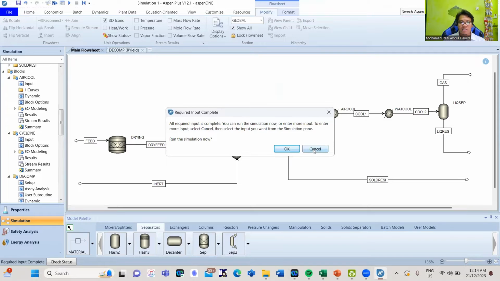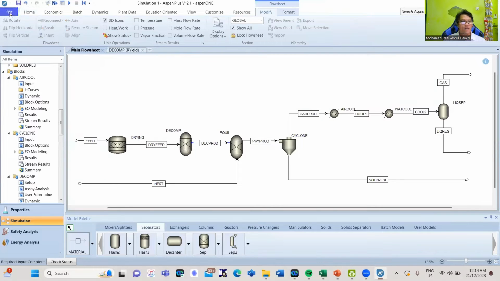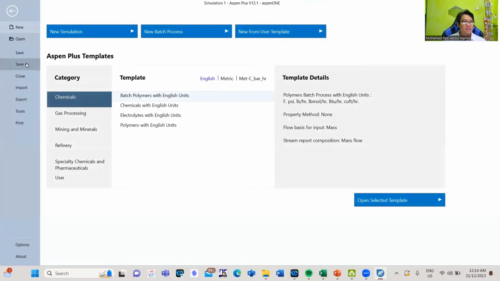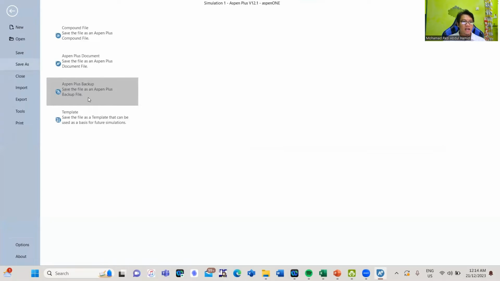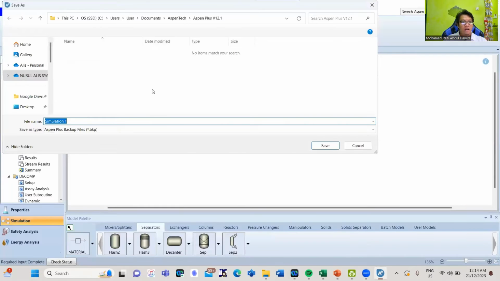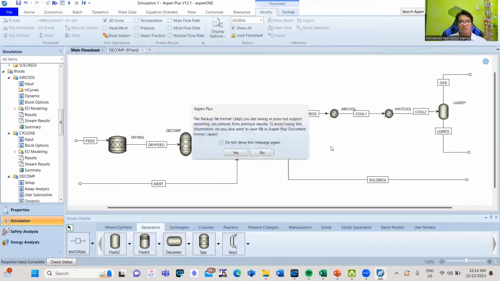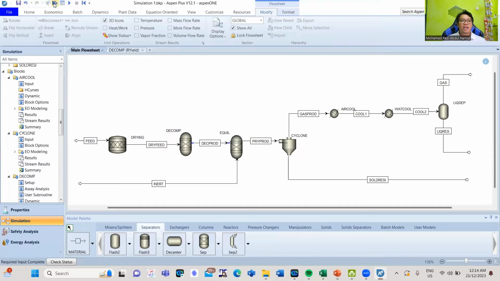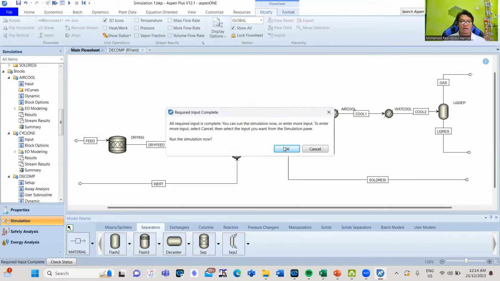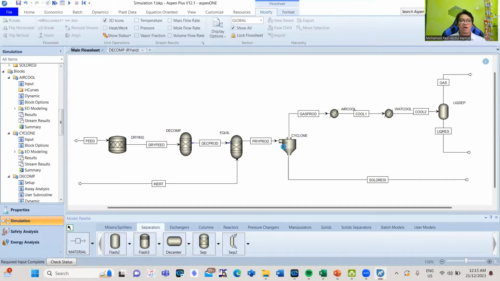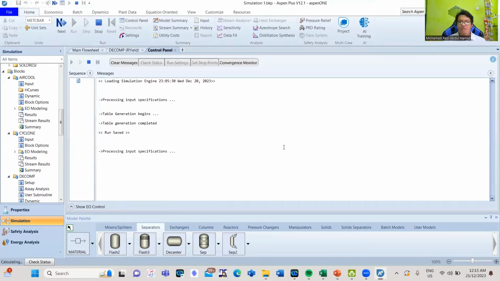I hope it doesn't crash, but let's save it first. Save as backup file. Let's see. Yeah, I'm going to save it here just to be on the safe side. Okay, now I can run. Let's have a look. It will give you an error on the drying side, and then I will tell you how to fix it.